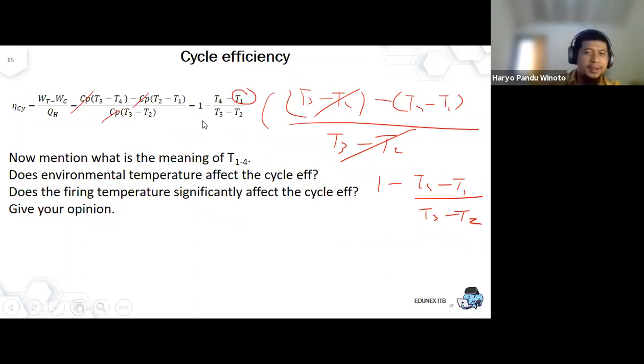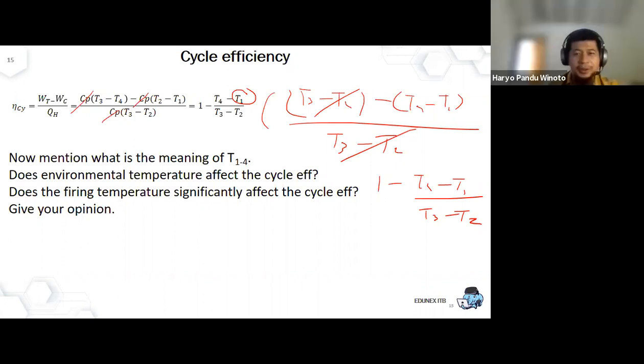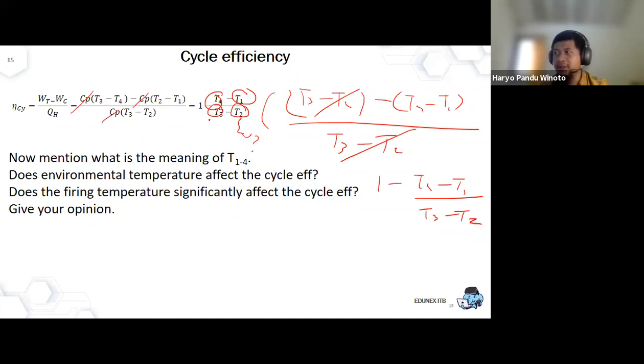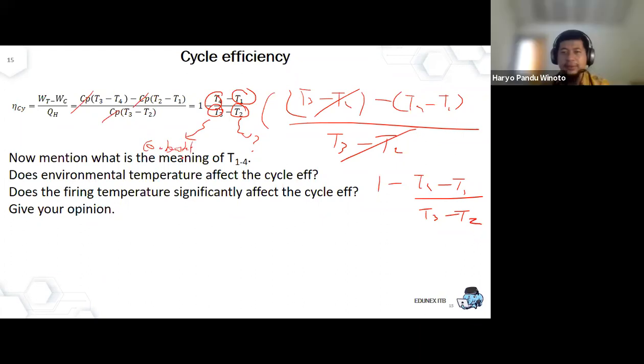The turbine outlet exhaust temperature. What is T2? The temperature after compression, the compressed air temperature. And what is T3? The temperature after heating, after being combusted.